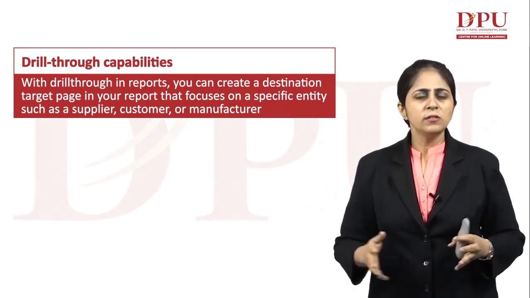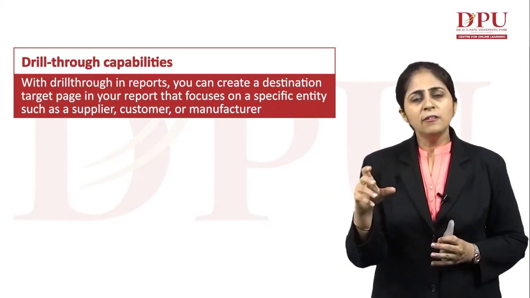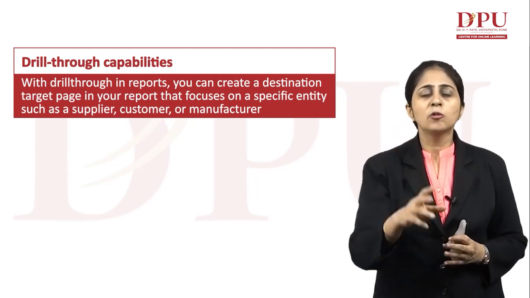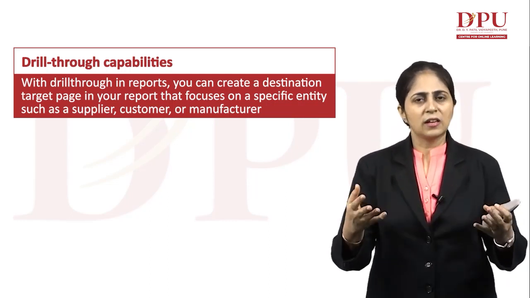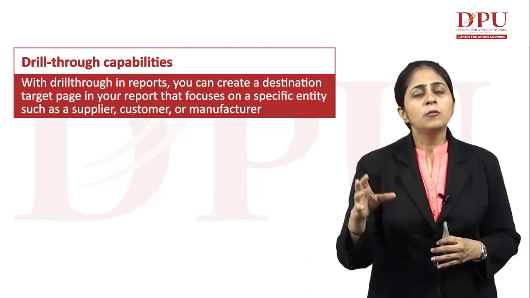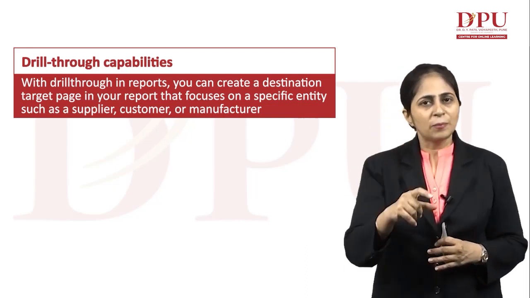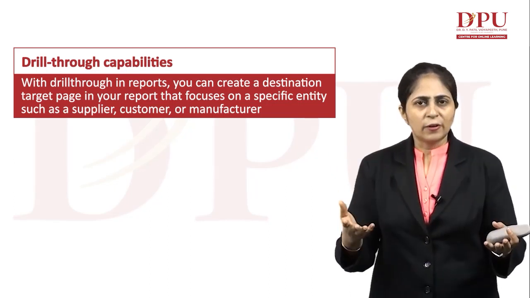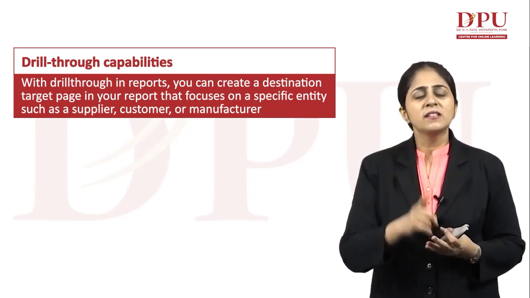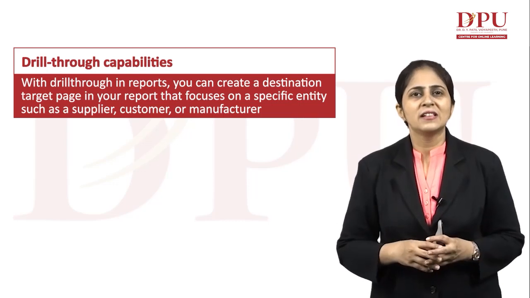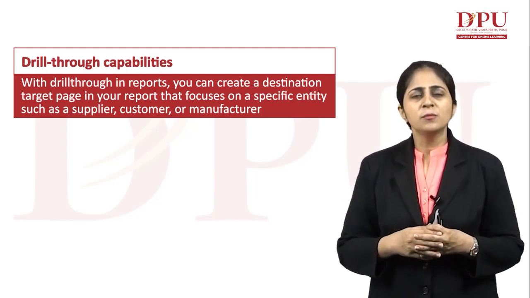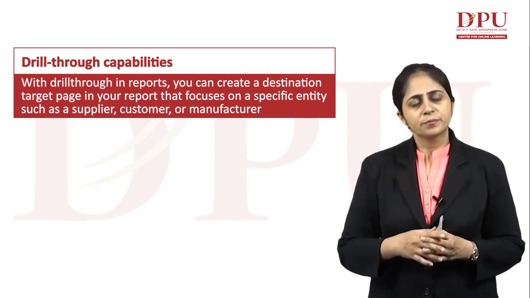We have the whole set of data in our reports and we want to focus on a specific entity. Suppose we want to focus on a particular customer who is taking most of our products, or we want to check out a particular supplier who is supplying us with various products, or the manufacturer. That means we want to understand the data about a specific entity. That feature, the reports provide us with the help of the drill through option.